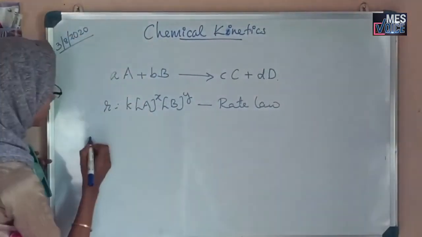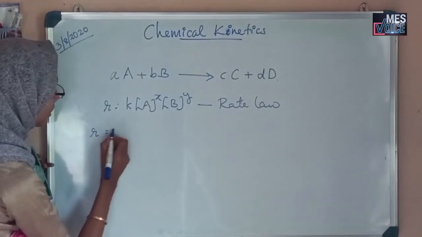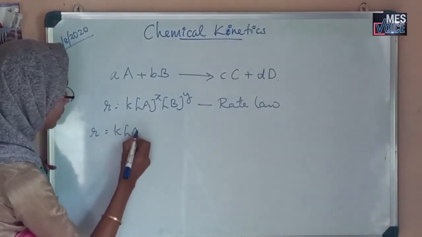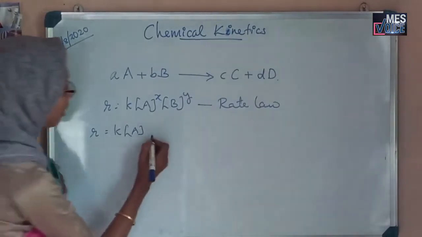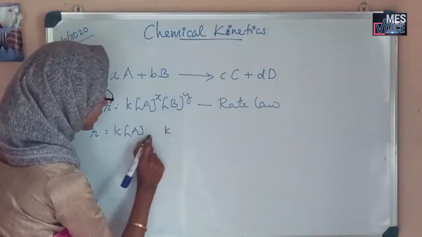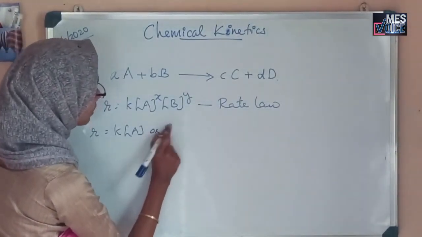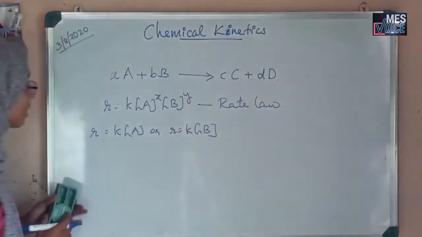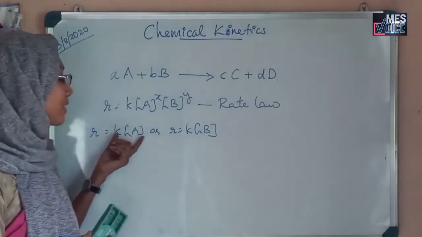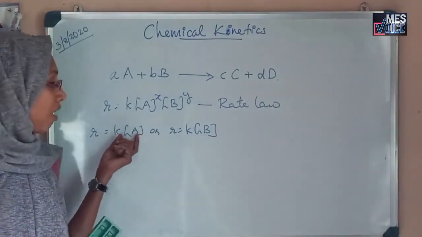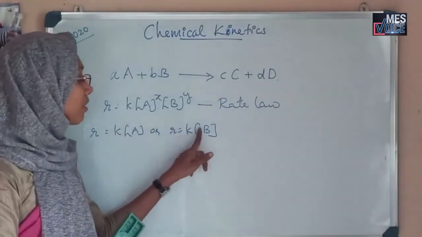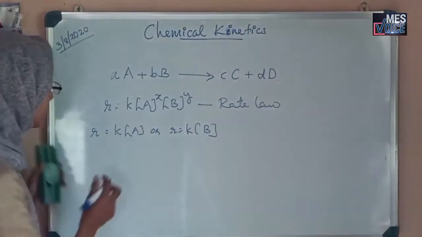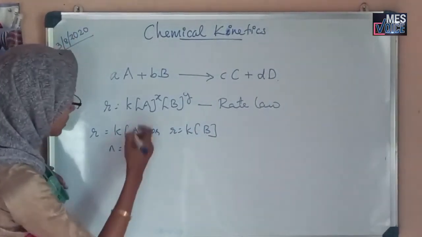For another reaction, R is equal to k into concentration of A, or R is equal to k into concentration of B. That means the rate of the reaction depends only on the concentration of A or only on the concentration of B. In such cases, the order of the reaction is equal to 1.